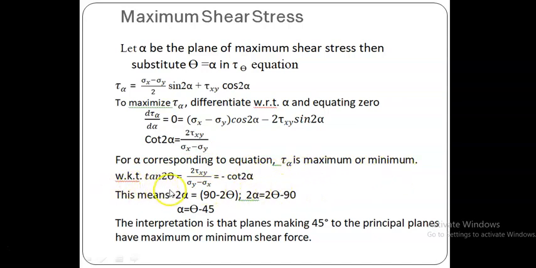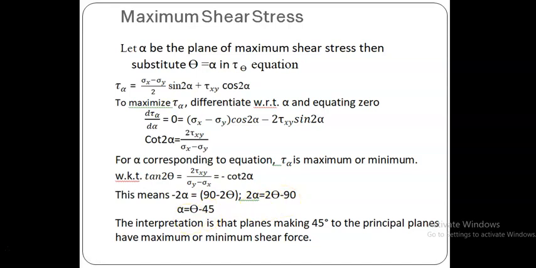We already determined the principal plane: tan 2 theta is equal to 2 tau xy divided by sigma y minus sigma x, which is equal to minus cot 2 alpha. Therefore minus 2 alpha is equal to 90 minus 2 theta. We equate these two, and therefore 2 alpha is equal to 2 theta minus 90. Therefore alpha is equal to theta minus 45 degrees.